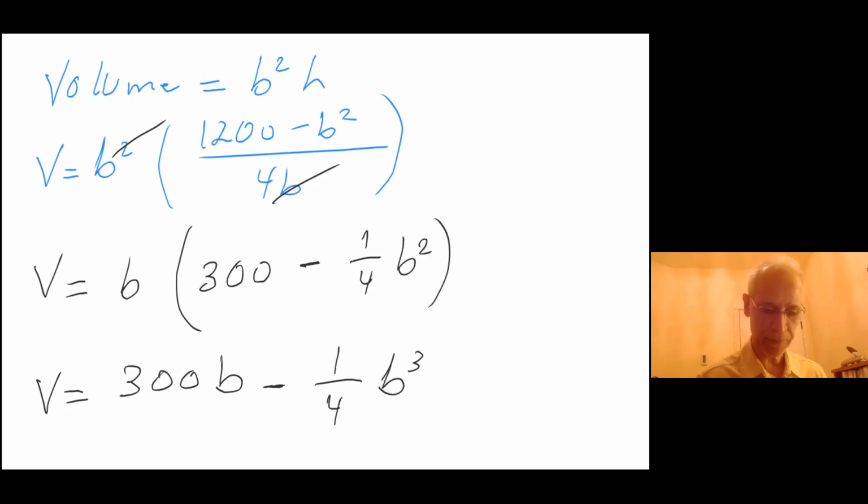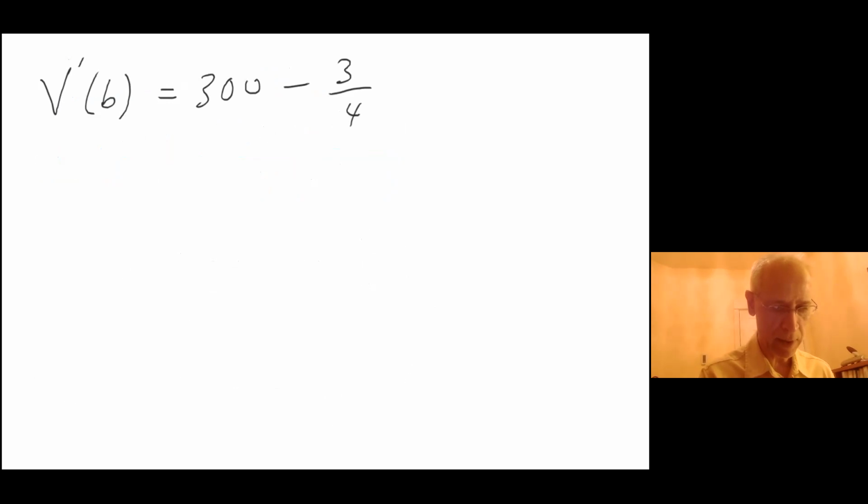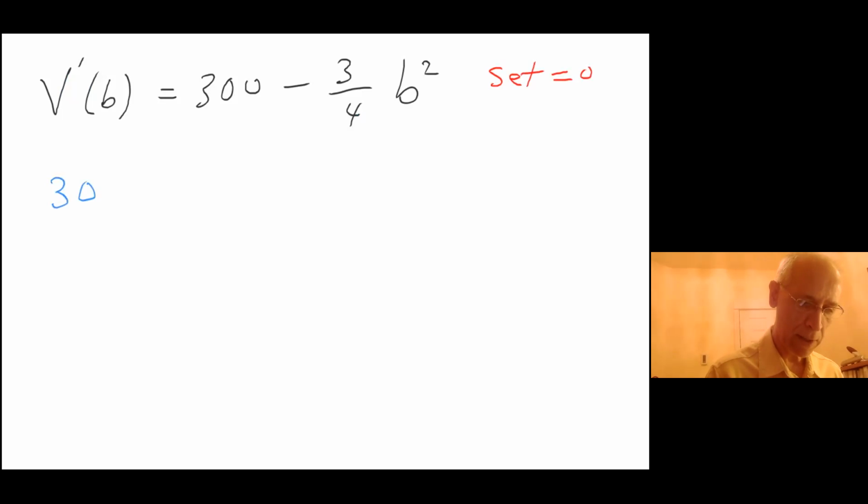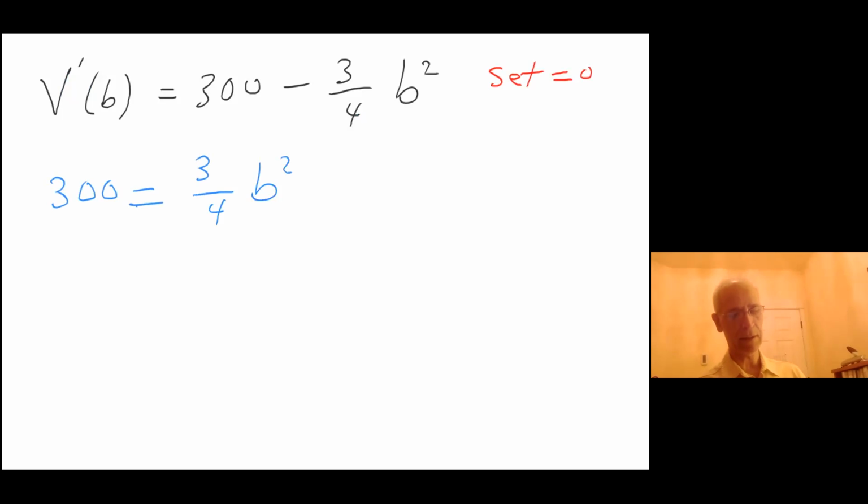So now I'm going to go ahead and take the derivative of this. V prime of B equals 300 minus 3/4 B to the second. And I'm going to set the derivative equal to 0. So I get 300 equals 3/4 of B to the second.